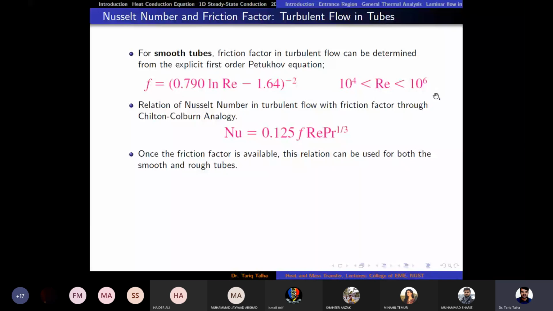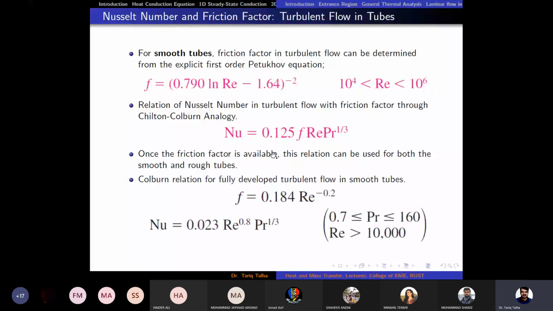And there is another friction factor formula that can be used. Either we can use this one or we can use this one.